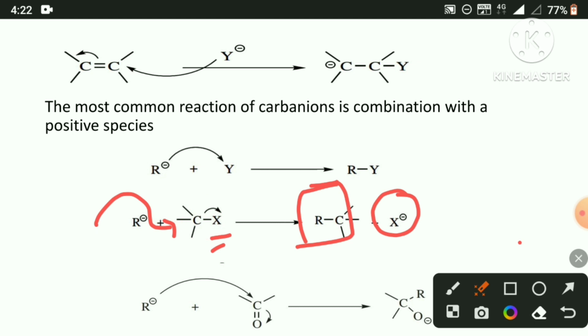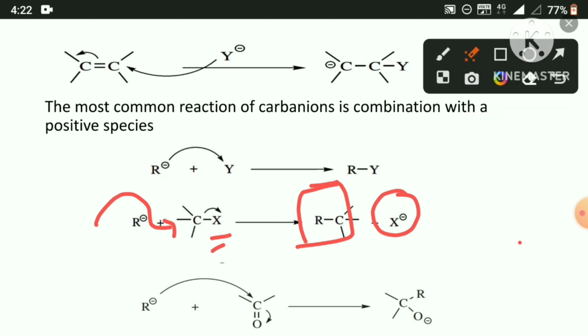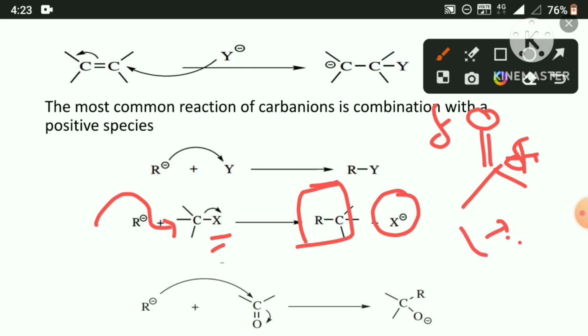Then another important reaction is where the negatively charged species, the carbanion, acts as a nucleophile and bonds with the C double bond O carbon. In the case of C double bond O, the carbon has delta plus and the oxygen has delta minus. So always the carbon reacts with negatively charged species.